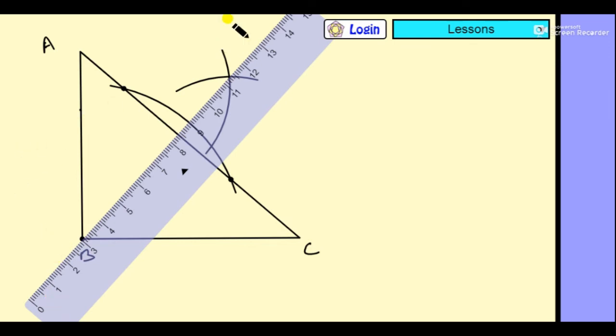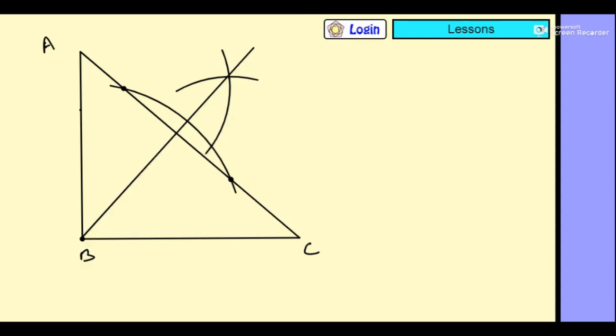Now draw this line. Now remove the scale.